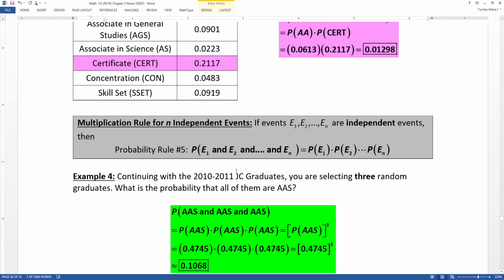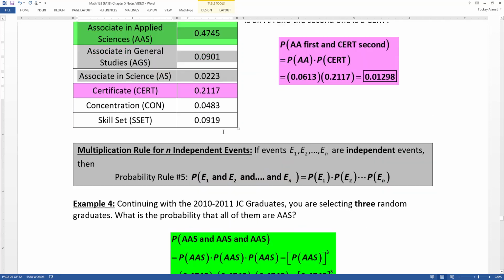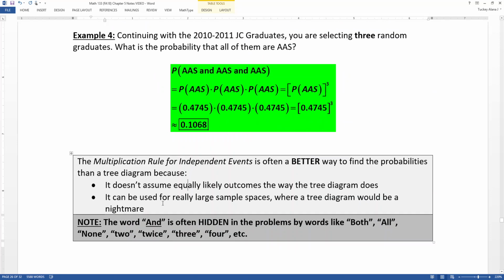An associate in applied science was actually much higher than the others in the group, right? And the fact that we can do this with really large sample spaces, where a tree diagram would just be a nightmare. I mean, we weren't even enjoying them for 2 or 3 different trials, right? Having 3 kids, having 4 kids, it was just like, oh no, that's the worst. And this, we didn't have to worry about it, because we can figure it all out just with the rule without having to make any giant diagram.